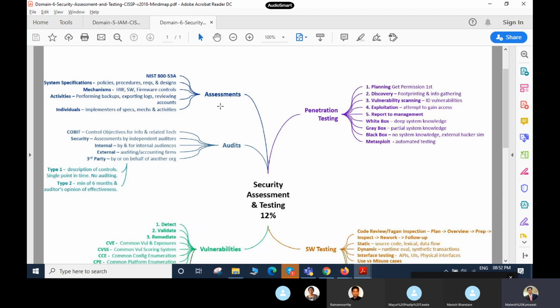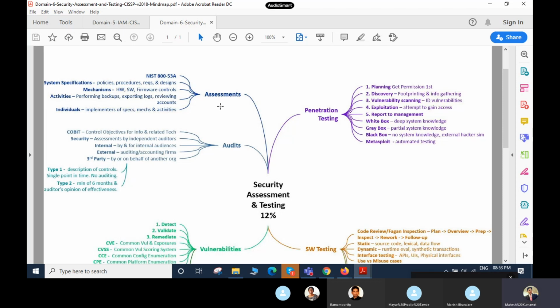Suppose I ask you to do an assessment of cyber security. What are you going to do? The NIST cyber security approach, 800-53A. You just go to the NIST website and try to find out how we're going to do the assessment.